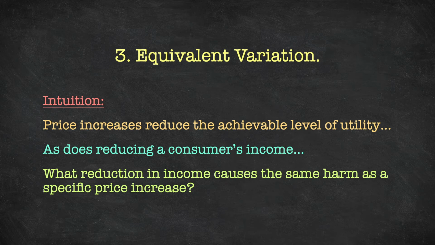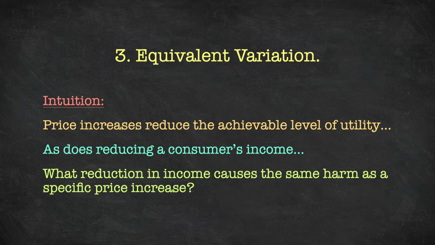Okay, so price increases reduce the achievable level of utility. This is also the same if the price didn't change, but we just took money off the consumer. So if we reduced a consumer's income, clearly they cannot achieve the same level of utility as they could with a larger level of income.